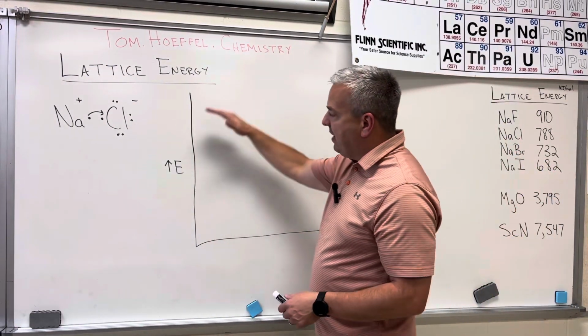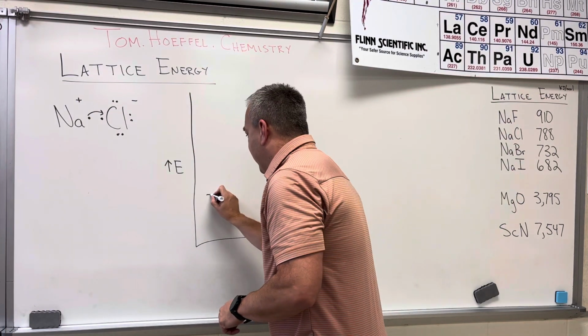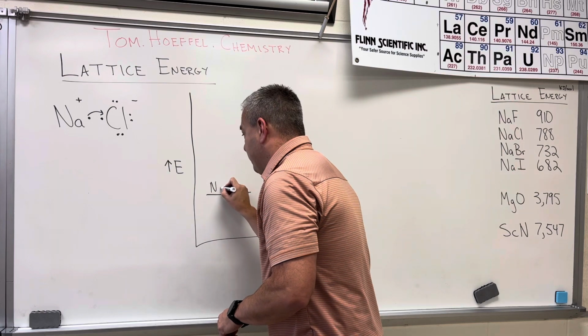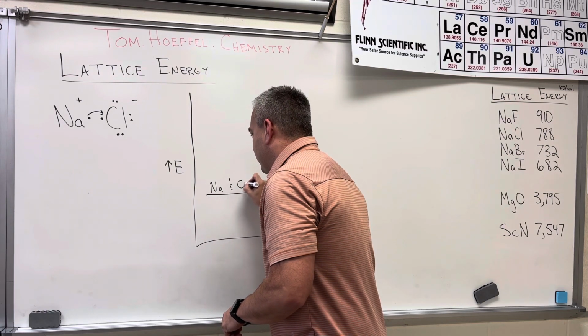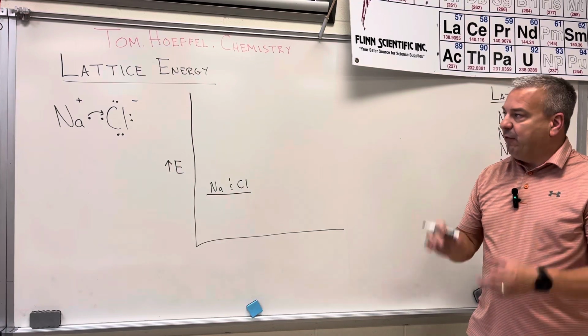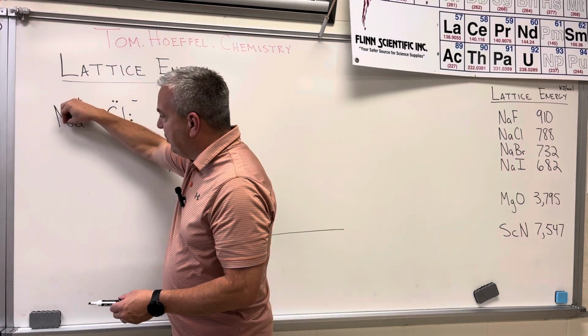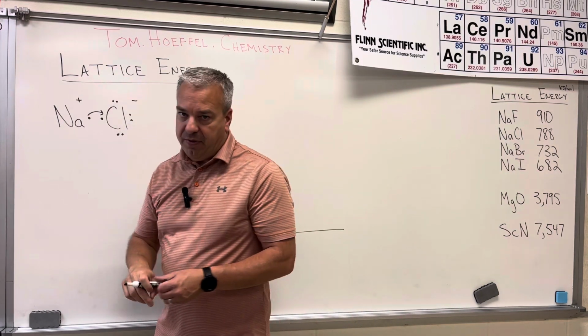Okay, so on an energy diagram, before this bonding ever occurred, we had sodium atoms and chlorine atoms. We're going to put it kind of at this level. And the first part of ionic bonding is the electron's actually going to be removed from the sodium.